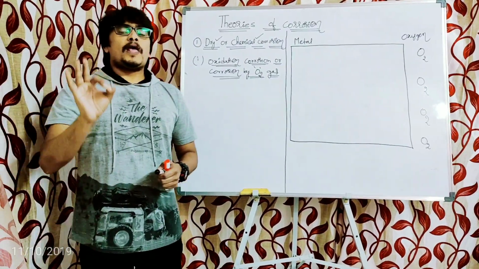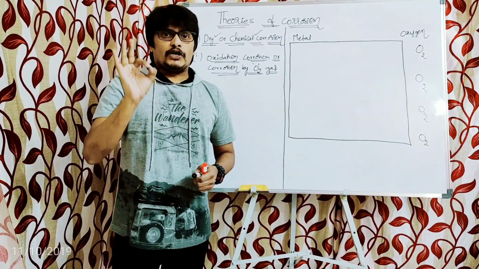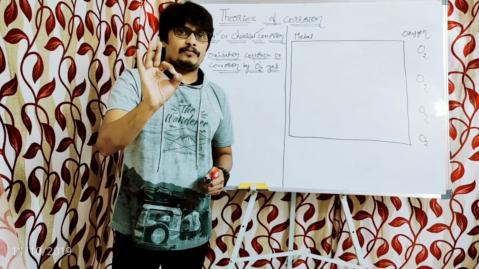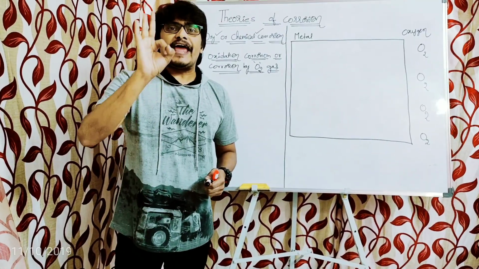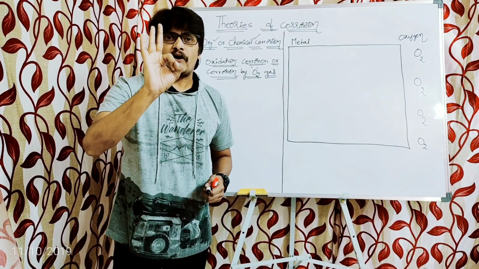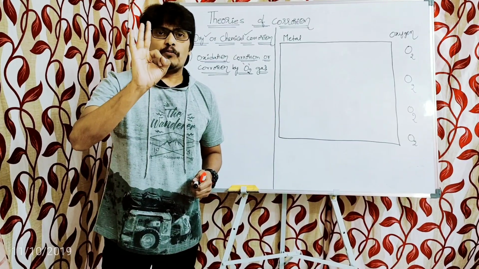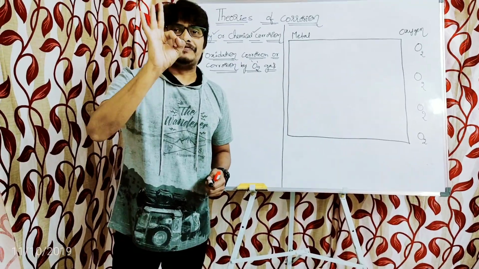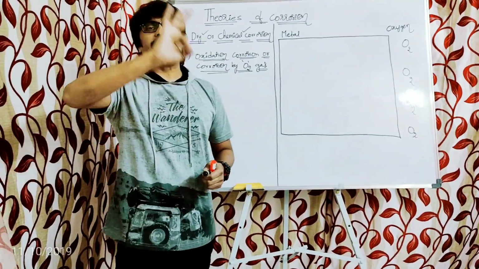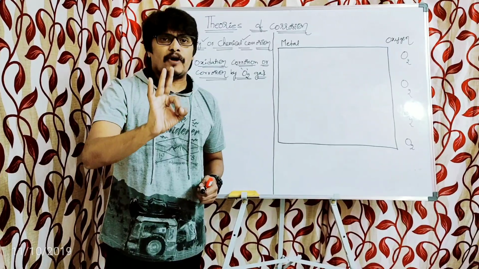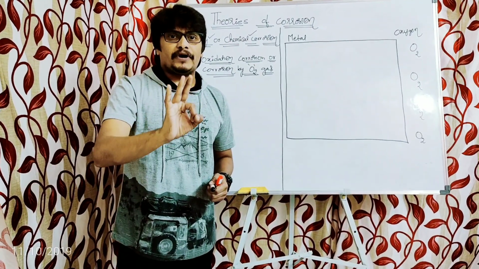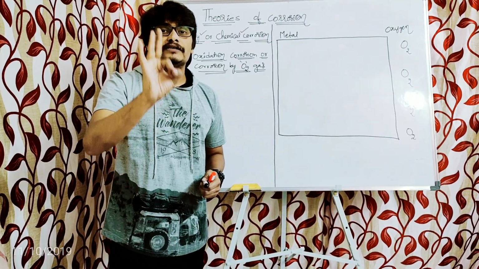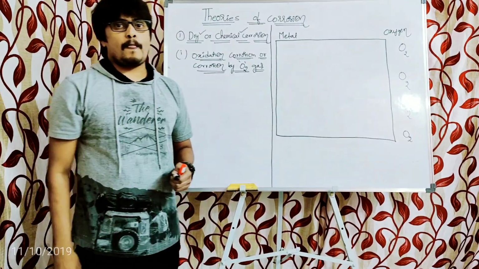Now let us see which metals are attacked by oxygen gas at high temperature. At high temperature, except three metals of the periodic table, which are the noble metals silver, gold, and platinum, all the other metals are attacked by oxygen and undergo oxidation corrosion under dry conditions.